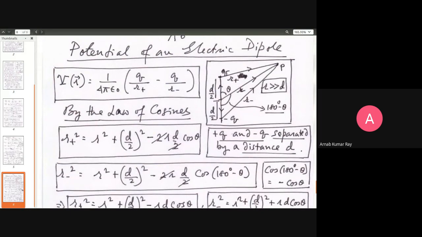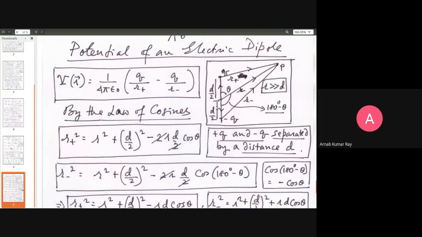Now, here is a point P, which is very far away from the position of these two charges, the plus charge q and the minus charge q. The position of point P from the plus charge q is r plus, and the position of P from the negative charge, minus q, is r minus.